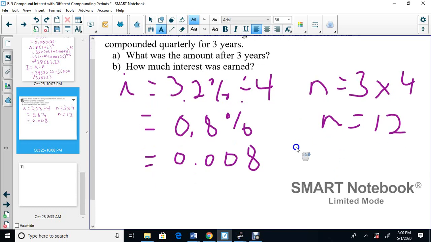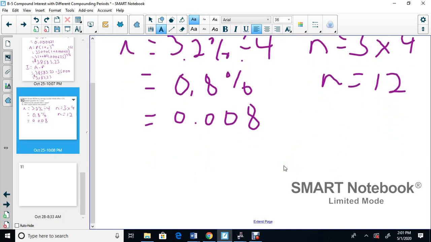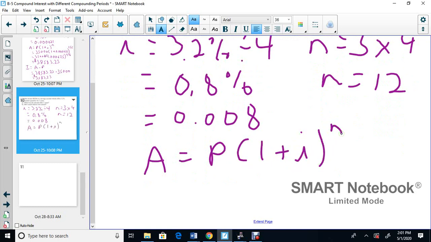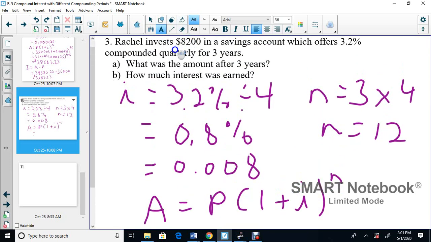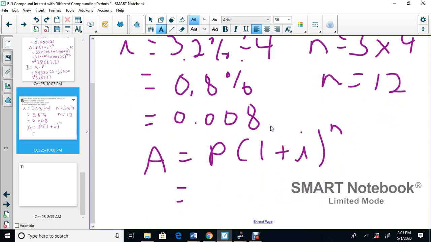Now we use our formula. And it's A equals P(1 plus i) to the n. You can go look it up on the top. So P, what's our principal, our starting value? Here it is, 8,200. Let's put 8,200 times (1 plus i).